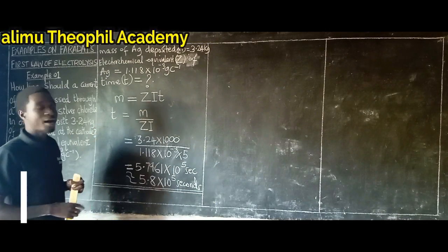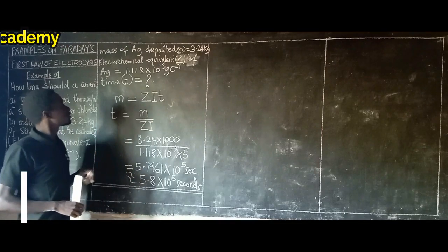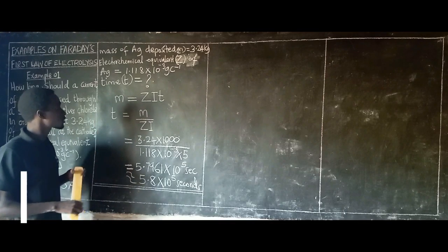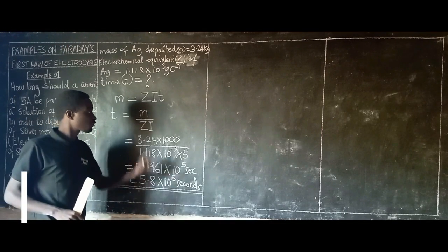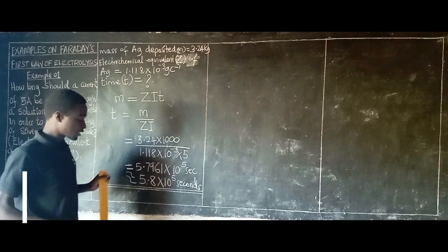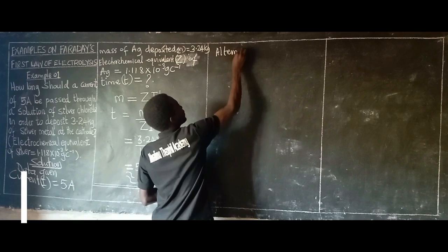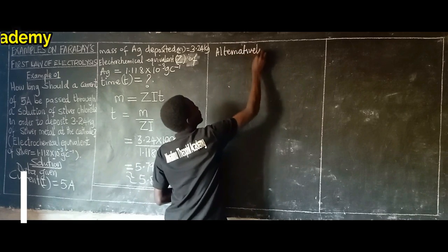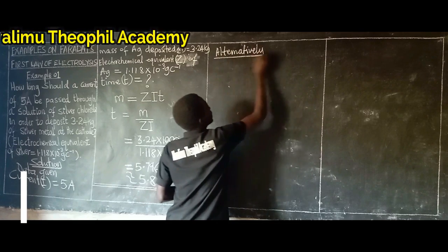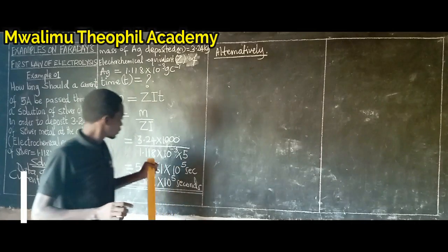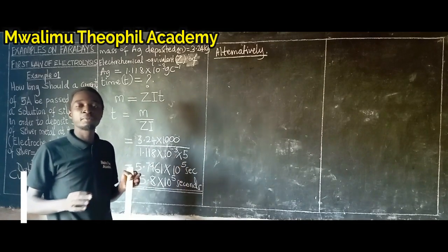Apart from using the formula directly obtained from Faraday's first law of electrolysis, we also have an alternative for this question. Let us see the alternative. Alternatively, we may solve it as follows. The alternative method is to use a balanced chemical equation.